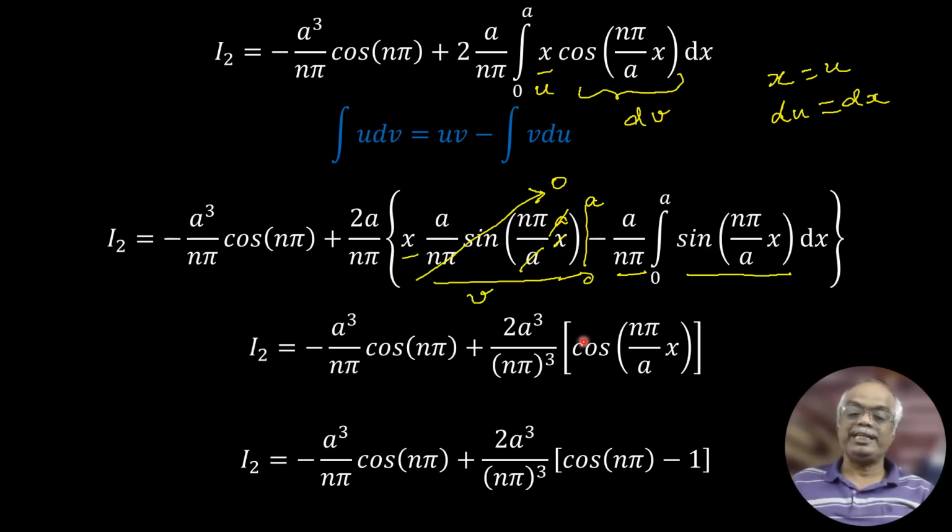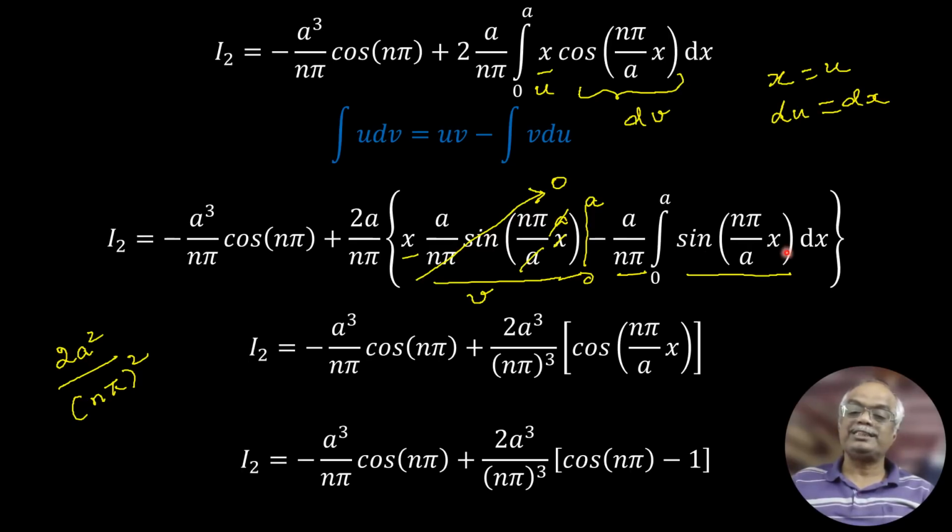Then if you integrate this, you will get this a divided by n pi. Already here there is 2a. 2a into a will become a square. If you multiply this and this, you will get 2a square divided by n pi whole square.